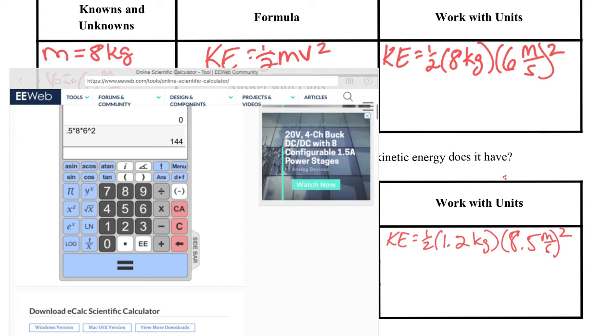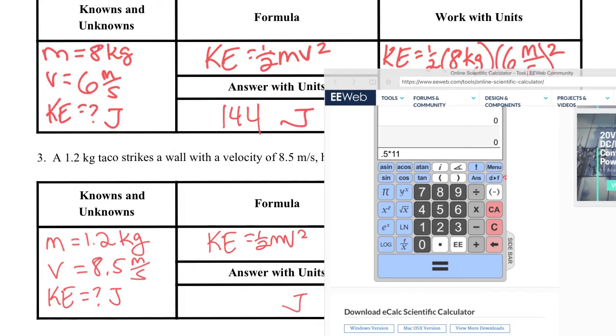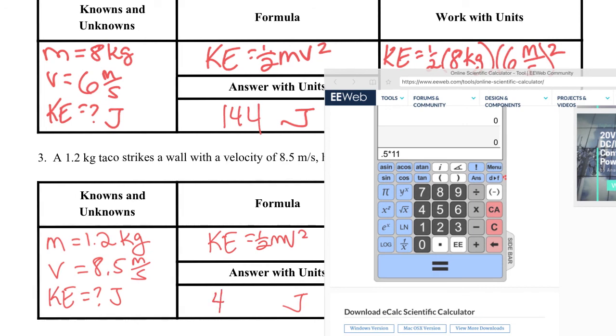That's cool. 0.5 times 1.2 times 8.5 squared. Boom! 43.35 joules. All right, there it is.